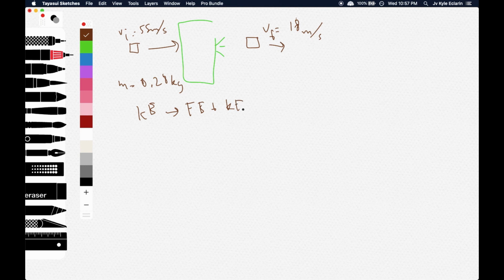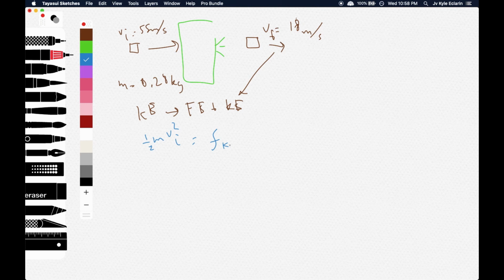Basically what we have is kinetic energy, which then gets converted into frictional energy, plus kinetic energy, because there's still some kinetic energy here. So all we have to do is write that all down. We have 1/2 mv initial squared is equal to the frictional energy as F. We're being asked for the frictional force, right? This isn't mu k mg because it's not on a flat surface, but it's fine because we're being asked for the frictional force, kinetic force.